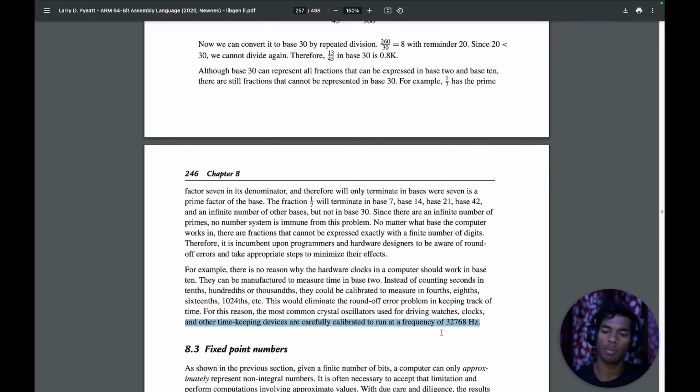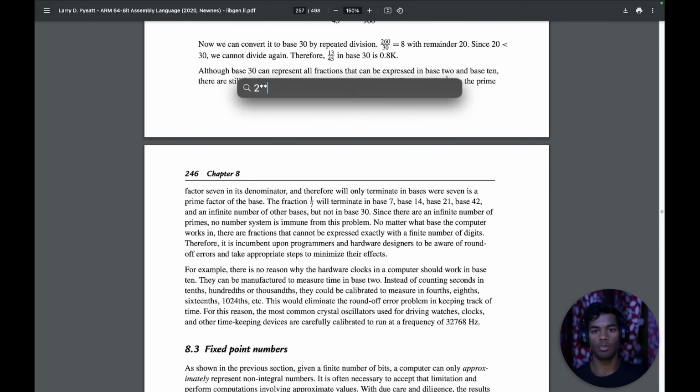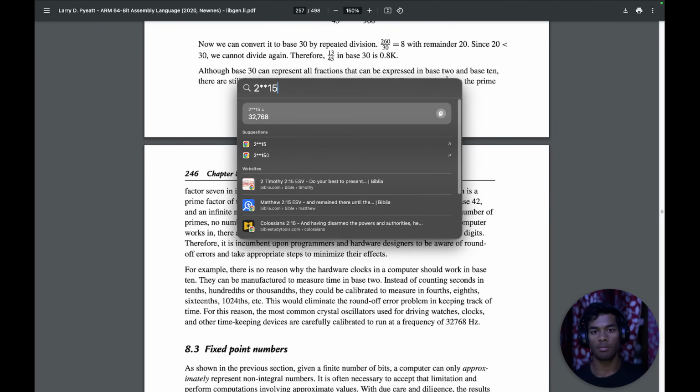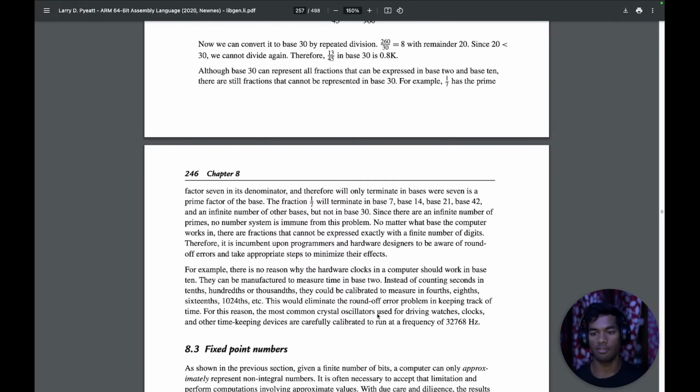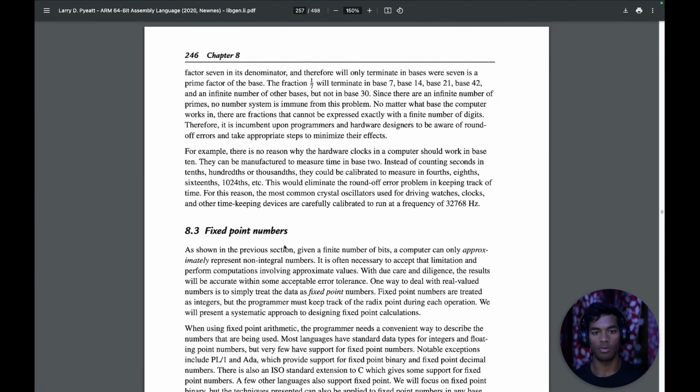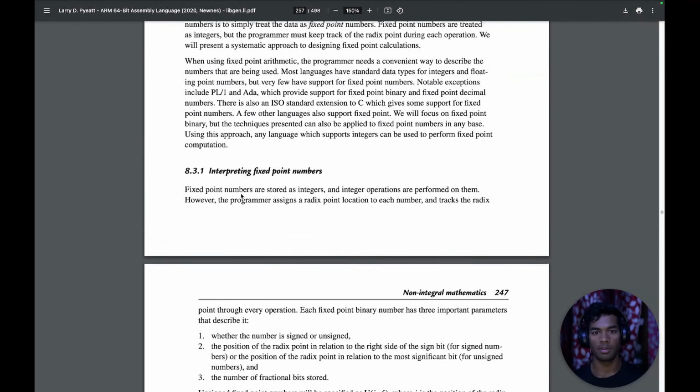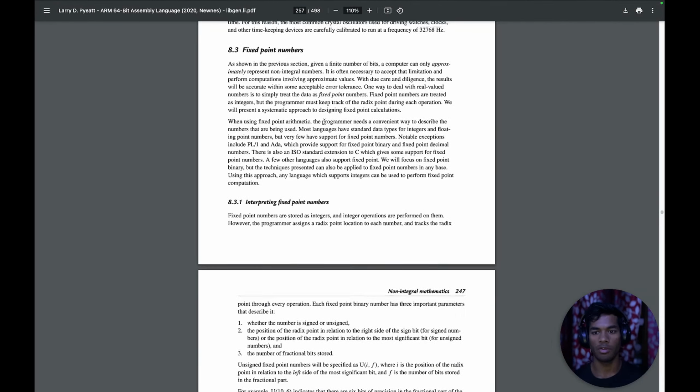When you raise 2 to the power of 10, you get about 1,000, and to 11, you get 2,000, and then 4,000, 8,000, 16,000, 32,000, so that is 15. 2 to the power of 15 is this, right? Yes, 32,768.